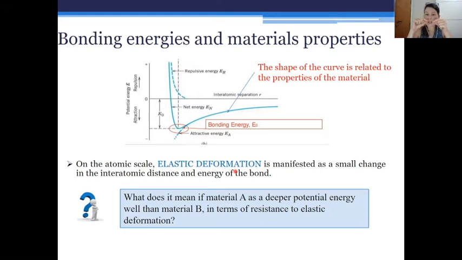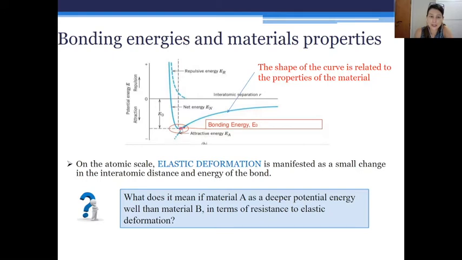So what is happening at the atomic scale? When I apply this force and this elastic deformation occurs, in fact, we don't break the bonds. We just observe an increase of the distance between the atoms, so an increase of the interatomic distance. And so that means that we will change this interatomic distance a little bit.